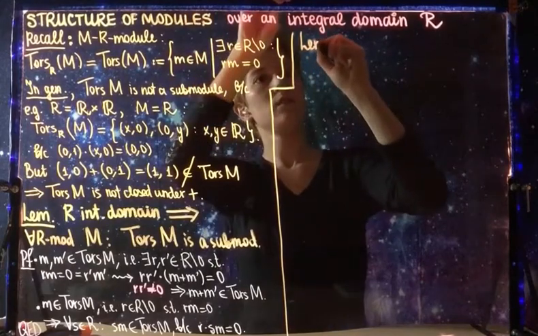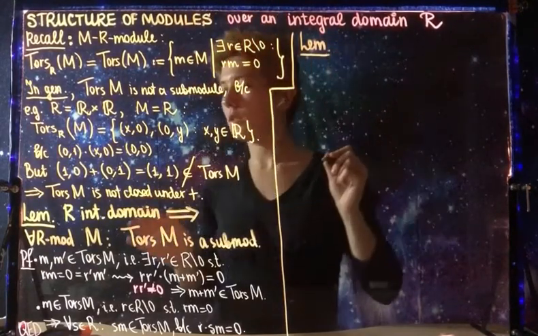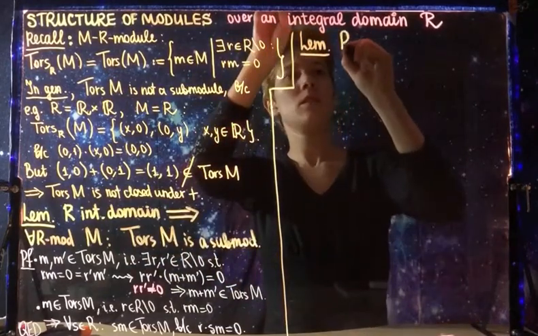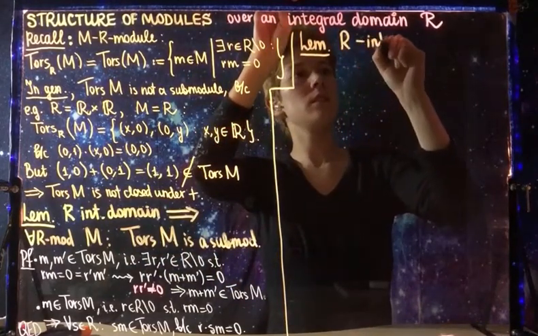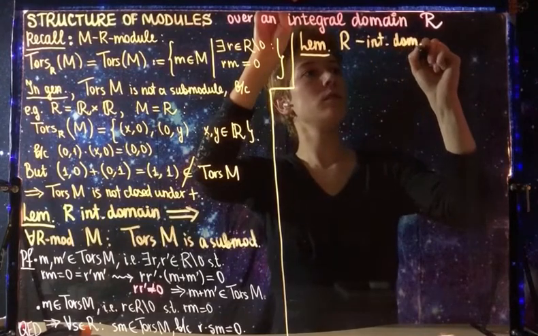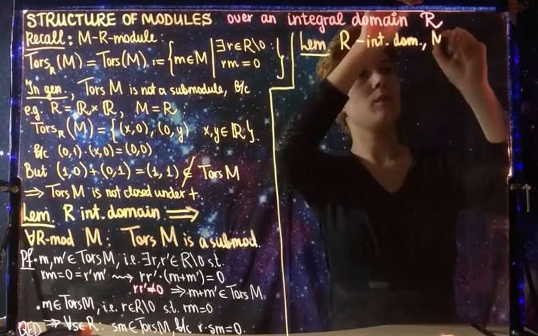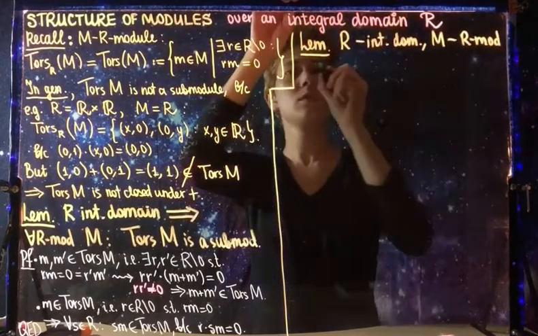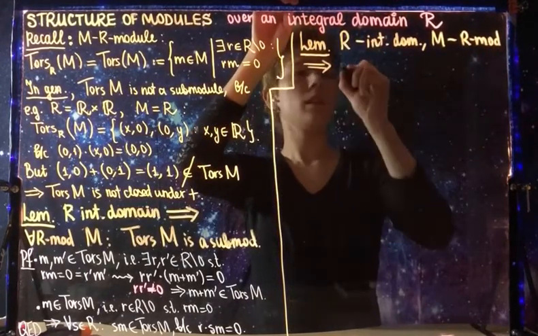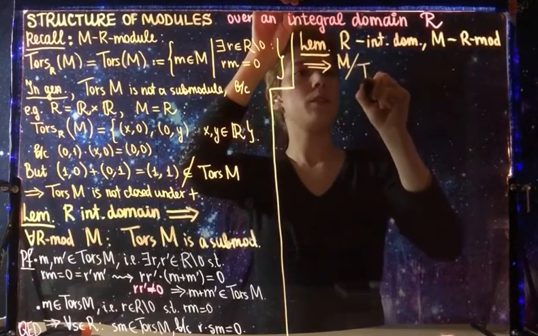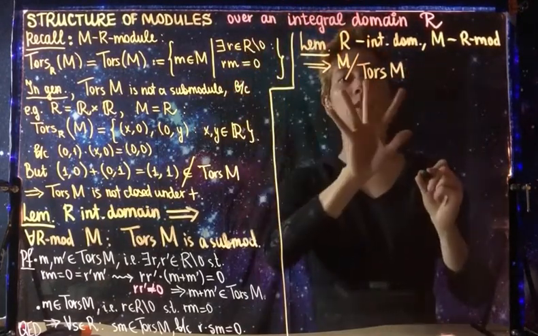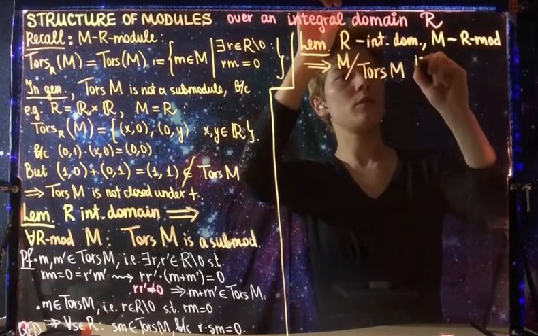Okay, now that we know that Tors M is a submodule, we can factor it out. So if R is an integral domain and M is some R module, then we can factor out the torsion of M, and I claim that this is a torsion-free module.